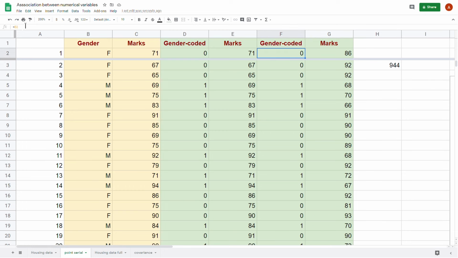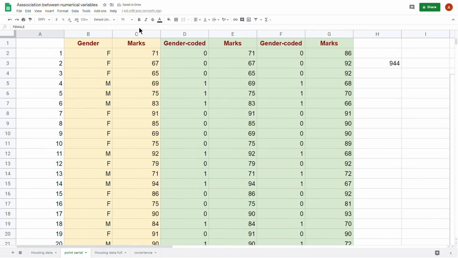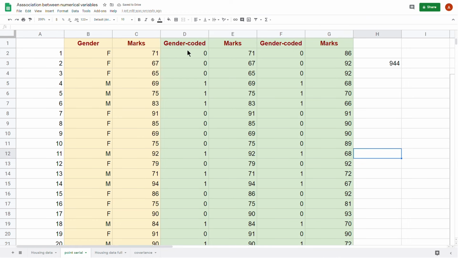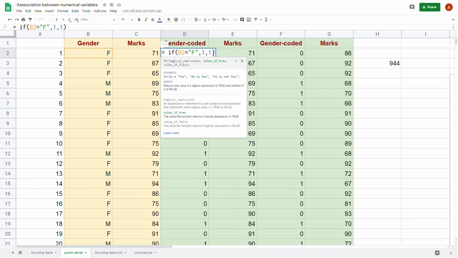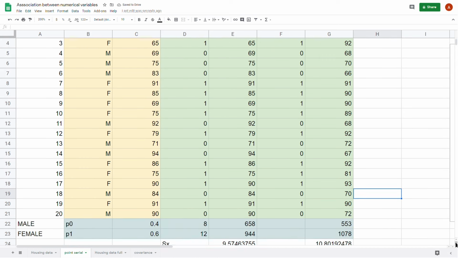Let me revert to my earlier coding of female, which does not make a difference, but I just wanted to revert to my earlier coding, and compute the point biserial.